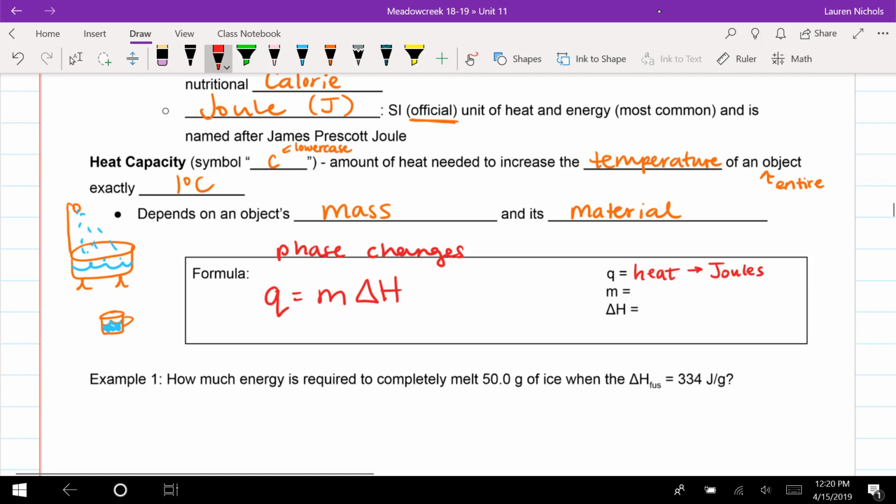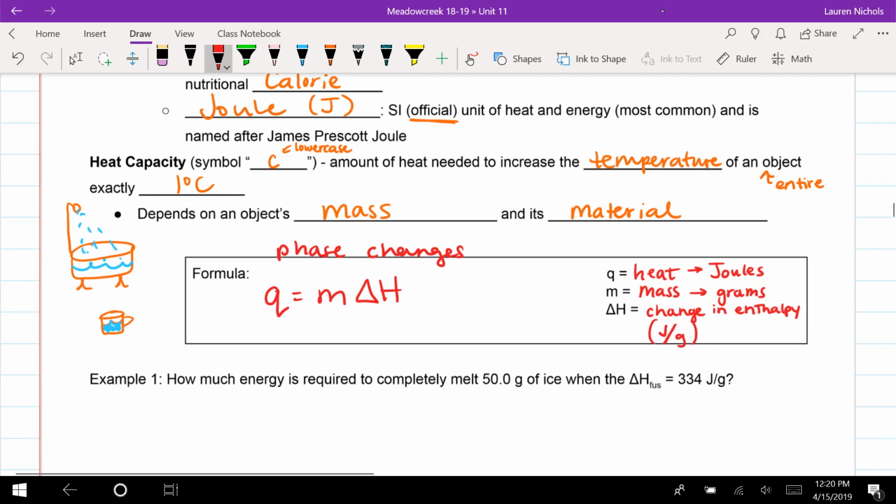So if you see a number and it has a J after it or says joules, then you're talking about energy. And M is mass, and we use the units of grams to measure that. And our delta H is our change in enthalpy, and the units for delta H are joules per gram. So it's kind of a combination unit.